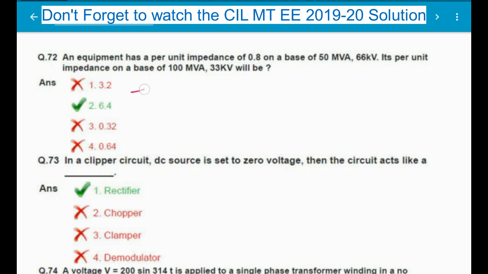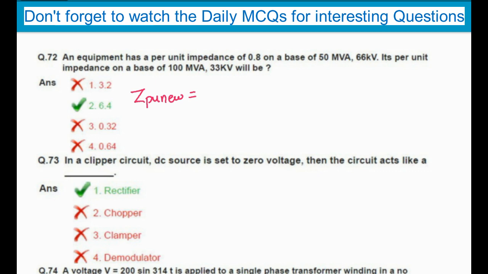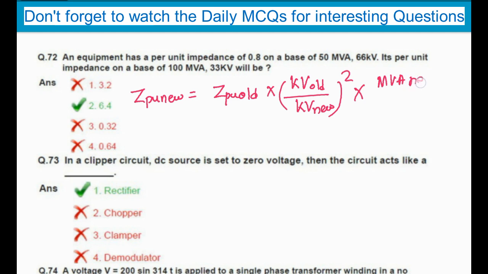So Z per unit new is equal to Z per unit old into kV old by kV new square into MVA new by MVA old.